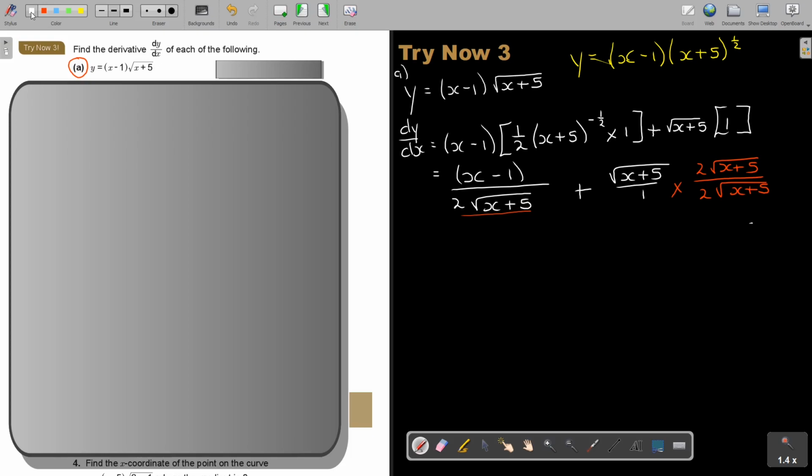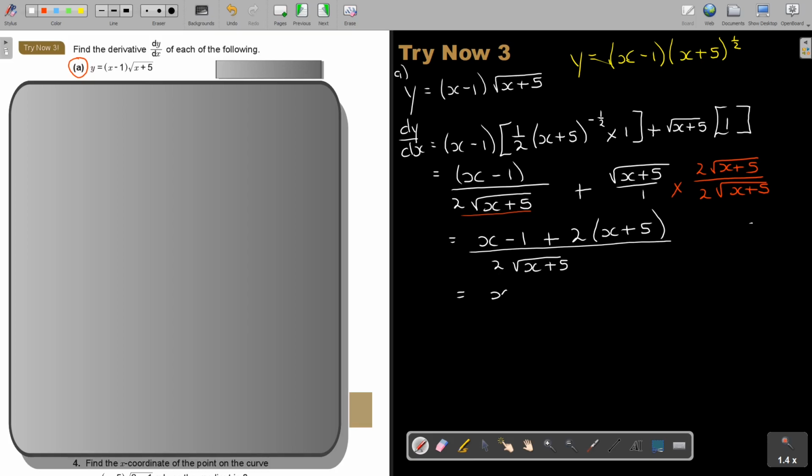So if I'm going to write this, I'm going to get x minus 1 plus 2. And remember, if you multiply this with exactly the same, it's a half plus a half, so it will just be x plus 5 over 2 x plus 5.